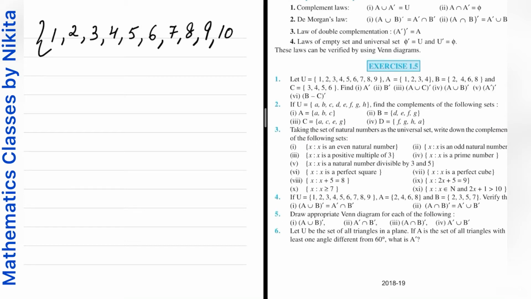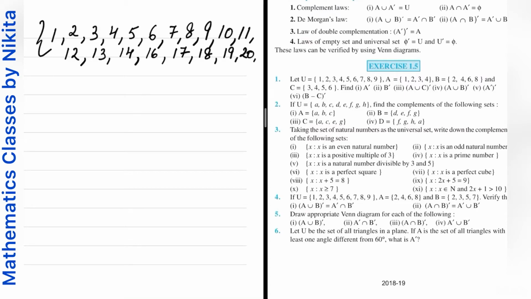Then 10 will be there, 11, 12, 13, 14 will be there. Now 15 will not be there in the set. Why? Because see 15 is divisible by 3 as well as 5. So I will not write 15. So I will skip and I will write 16. Okay. Then 17, then 18, then 19, then 20.